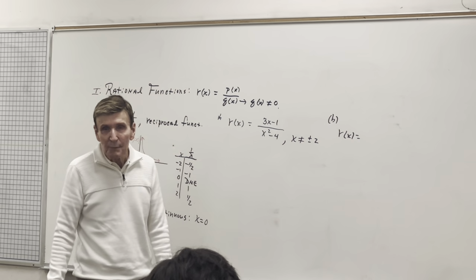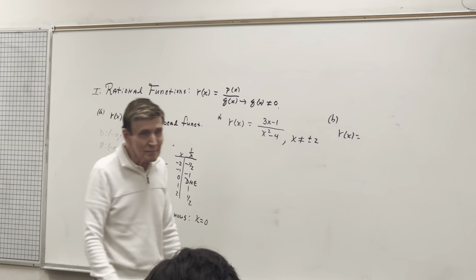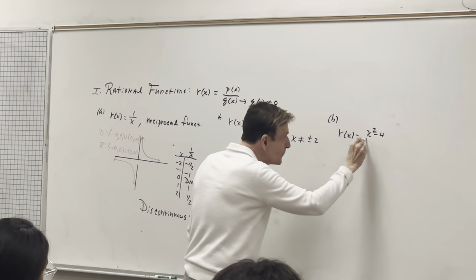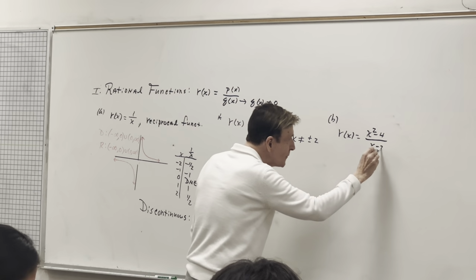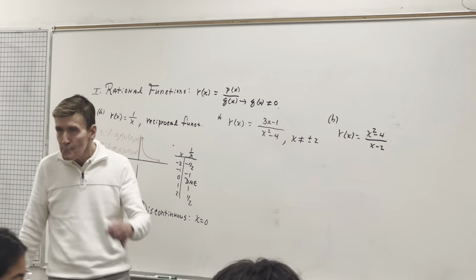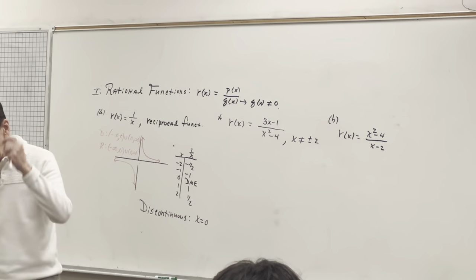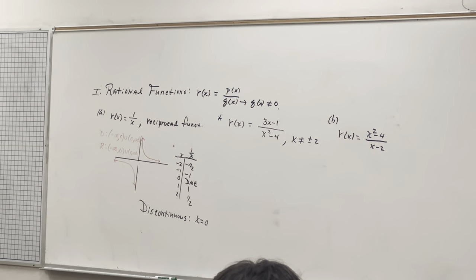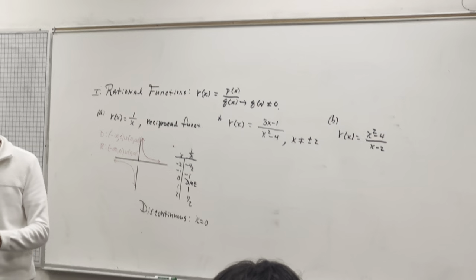I want someone to tell me something about this rational function. Look at that rational function. It looks like p of x over q of x. And I say graph it.